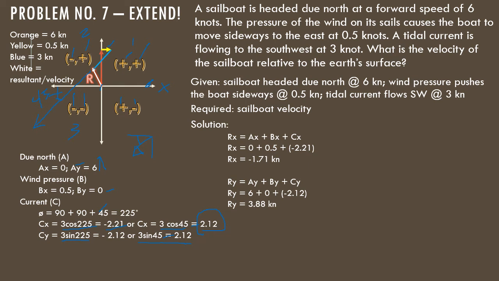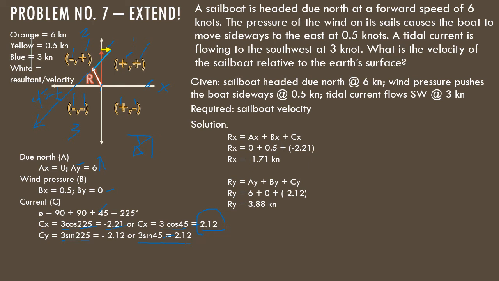So, to get the total, our resultant x and y components, i-add lang natin yung a, b, and c. So, yung ax natin, since it is 0, so 0, yung bx natin is 0.5, and then yung cx natin na negative. Okay, take note of the negative. So, pag in-add natin, magiging yung rx niya is negative 1.71 kN.